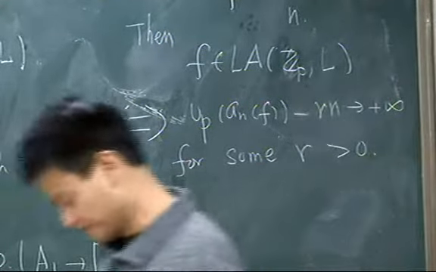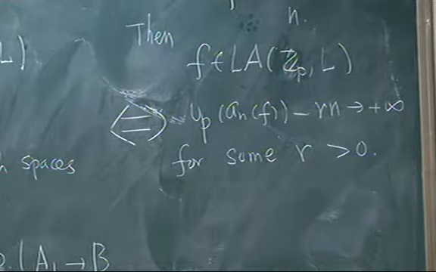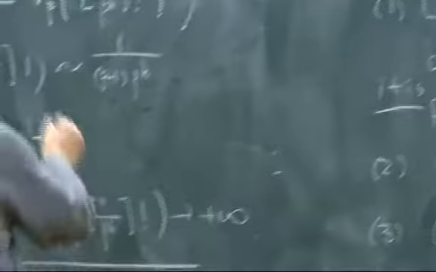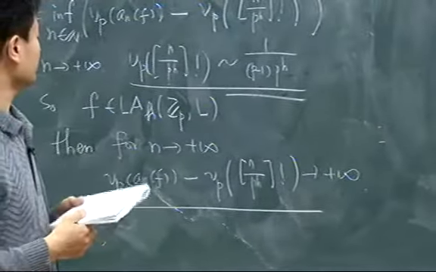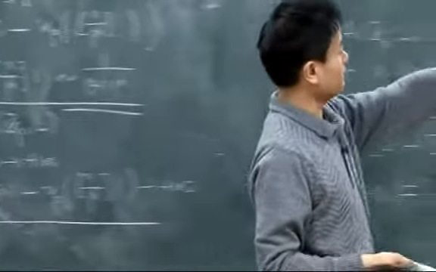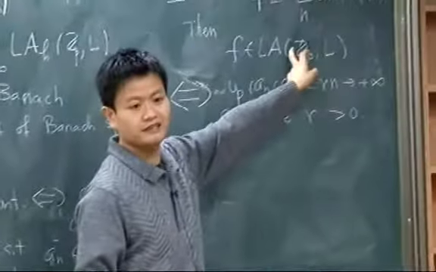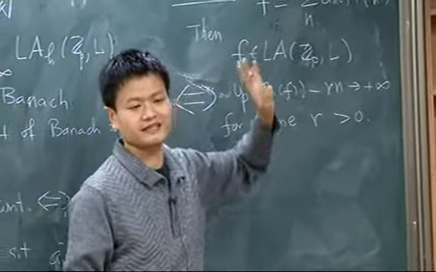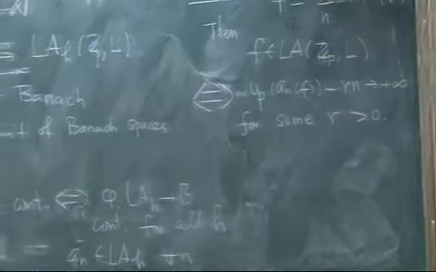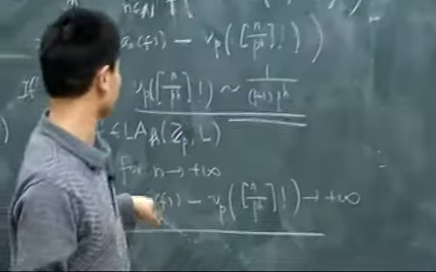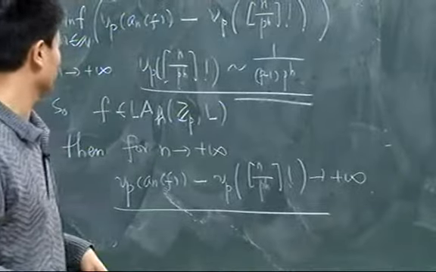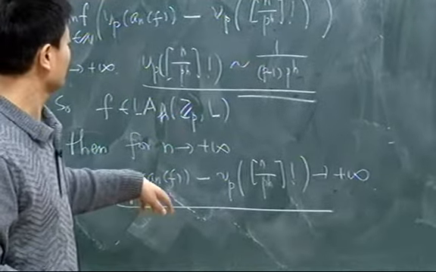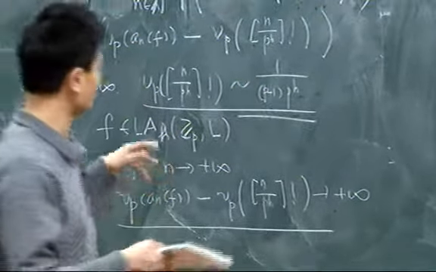Okay. You see here, right? Because of this, you need to multiply by F. Yes, so F contained in this LA just means F is contained in some LAH, so there exists something such that this goes to plus infinity. Over there you don't have N, but on the right hand side. Oh yeah.